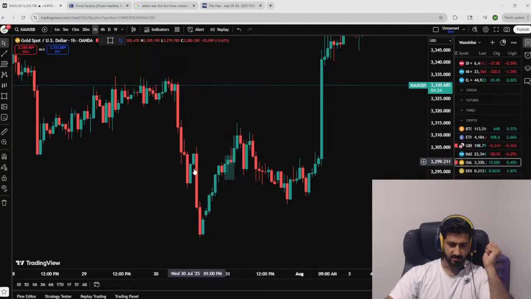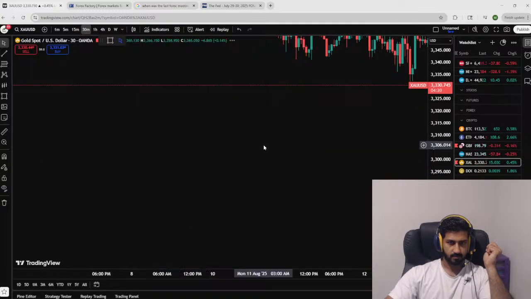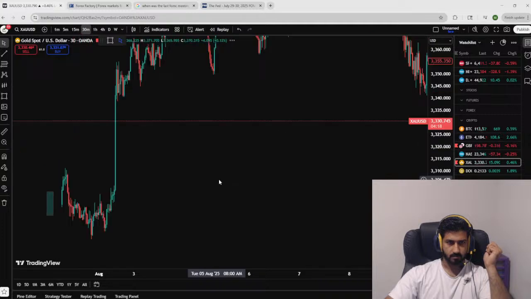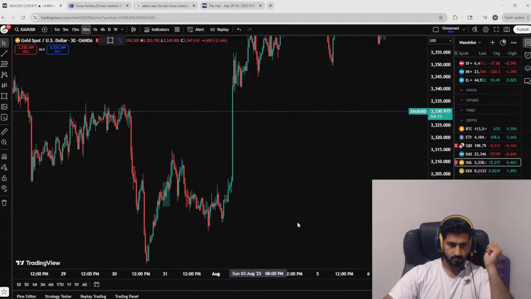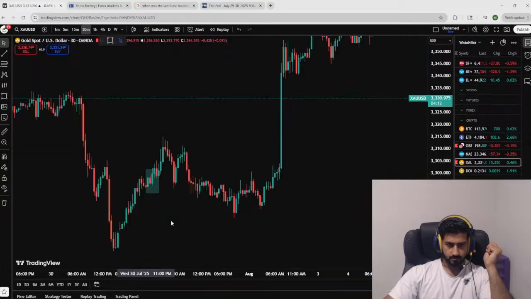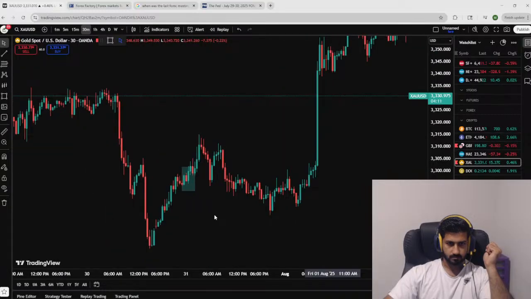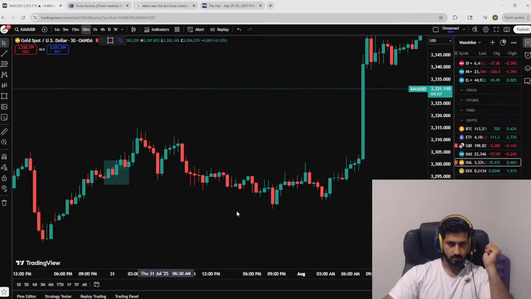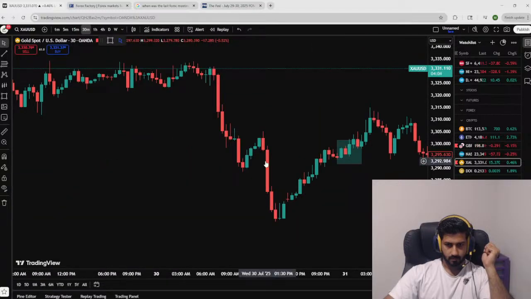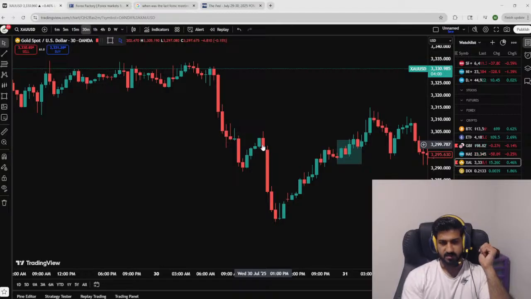Okay, this is the candle that we're focusing on. This is a 30-minute candle.